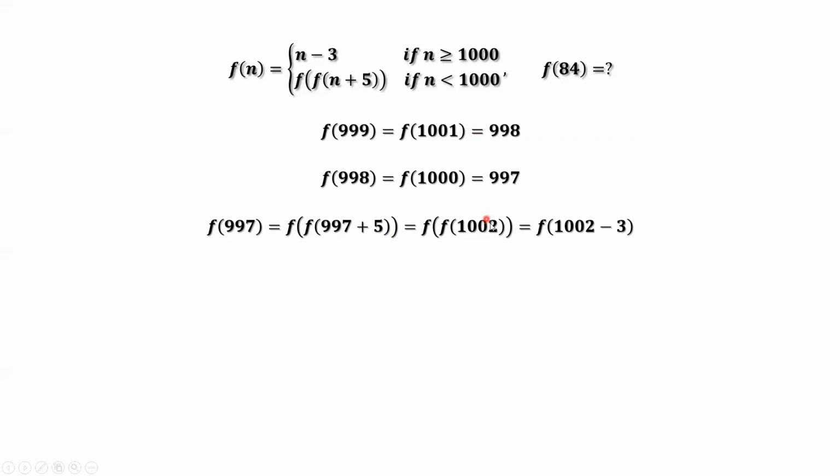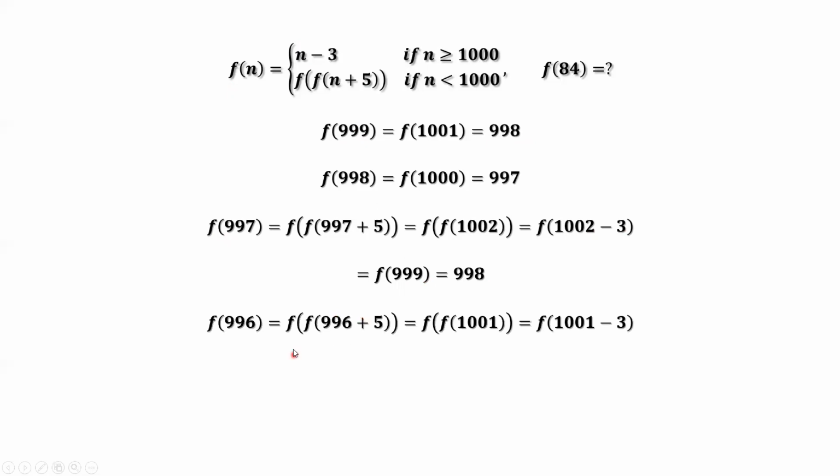The inside part, we can use the first formula, equals 1002 minus 3, which is 999. We don't have to use the first formula again because we already have this result here, which is 998.